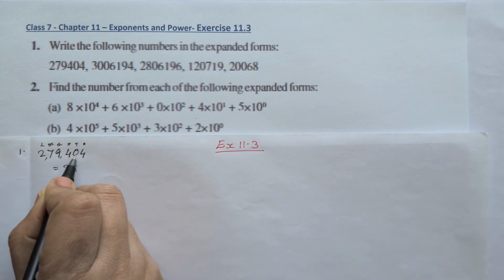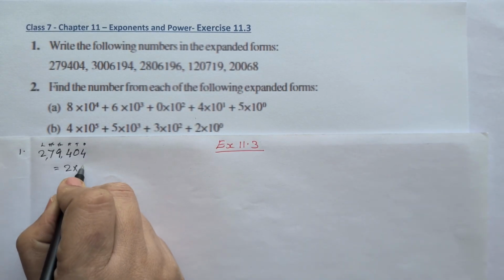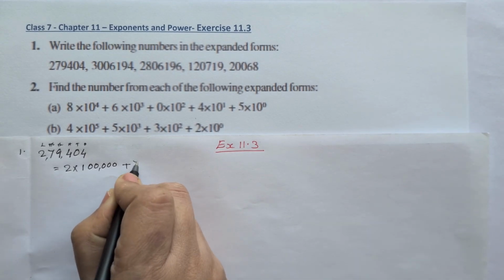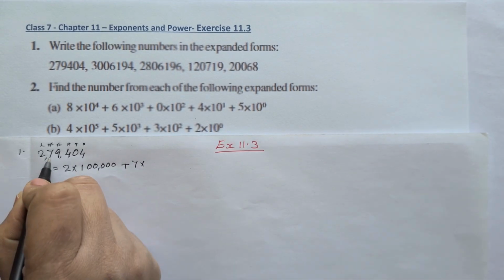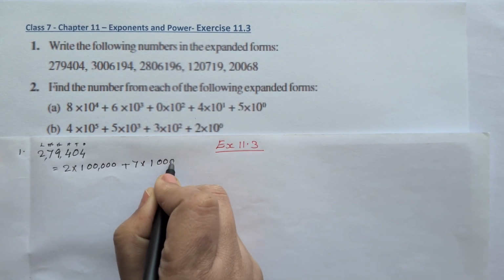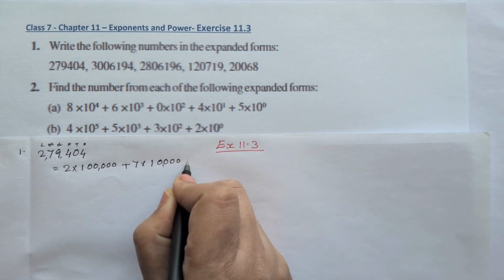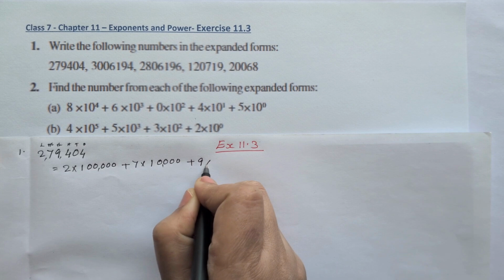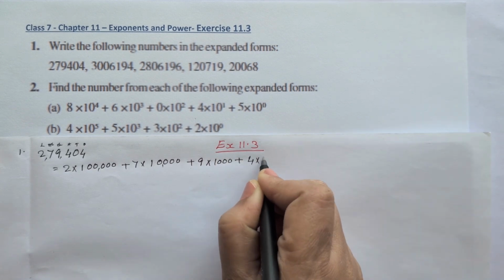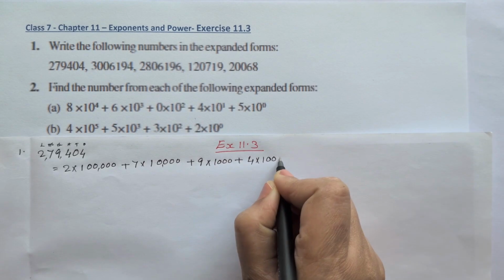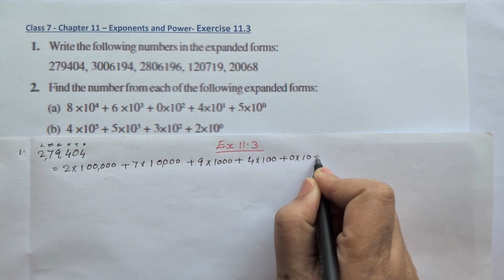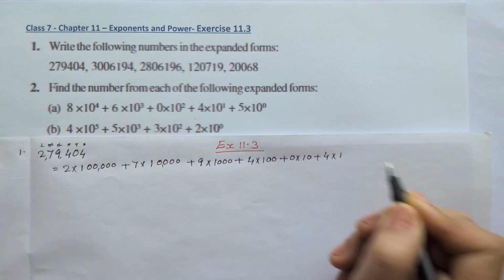That means 5 zeros will come, plus 7 into 10,000, here this place, the 4 zeros, plus next digit 9, 9 into 1000, plus 4 into 100, plus 0 into 10, plus 4 into 1, ones place.